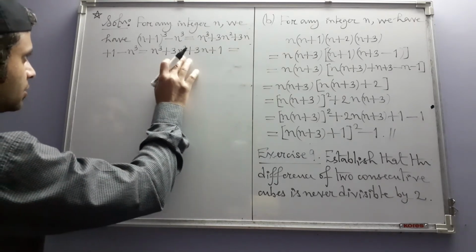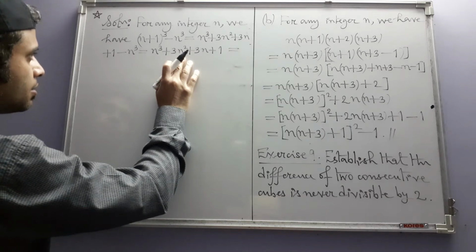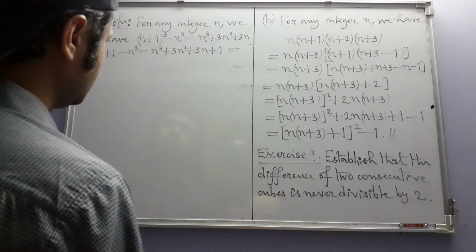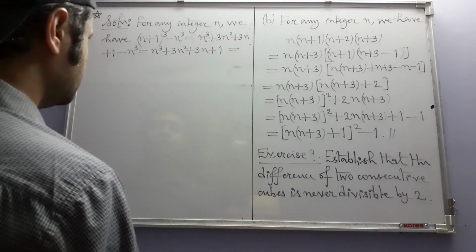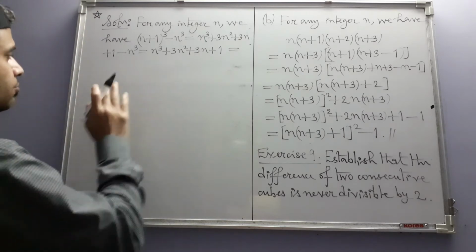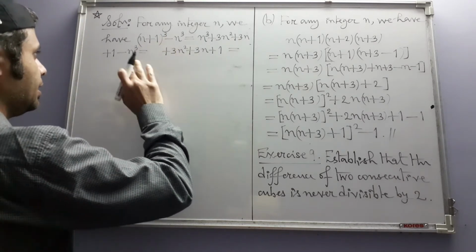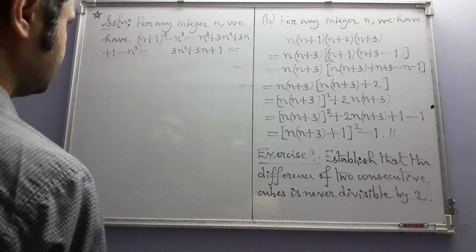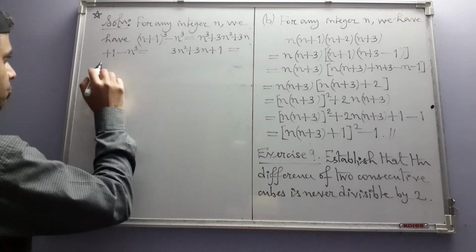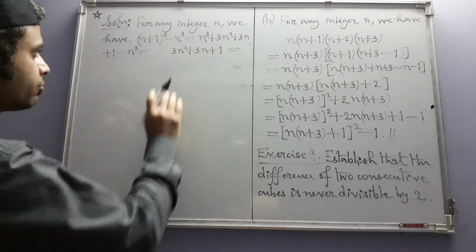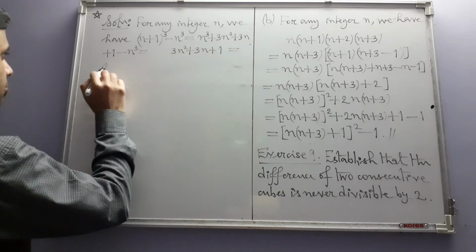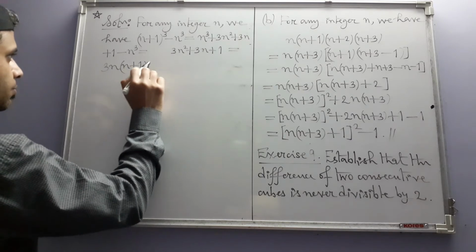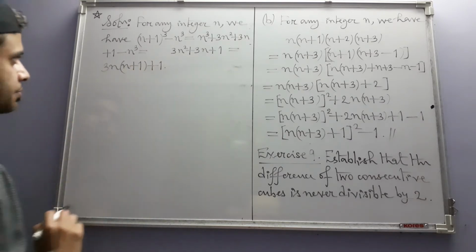From the first two terms we can take, okay, can we do such a thing here? I mean, can we factorize this? No, n cube does not appear, only these things appear. Okay, so now what we do, we take 3n common out from the first two terms. So we have 3n times n plus 1 plus 1.